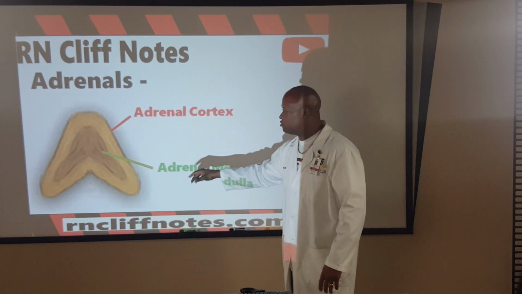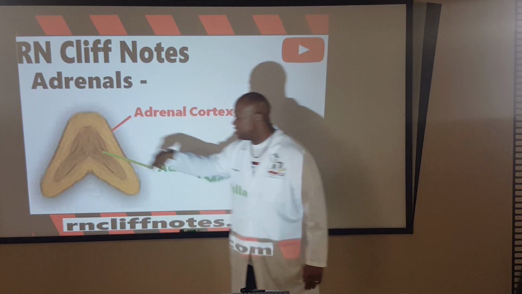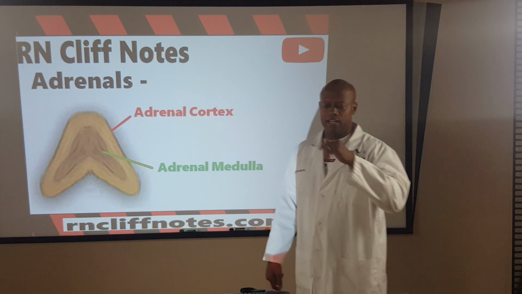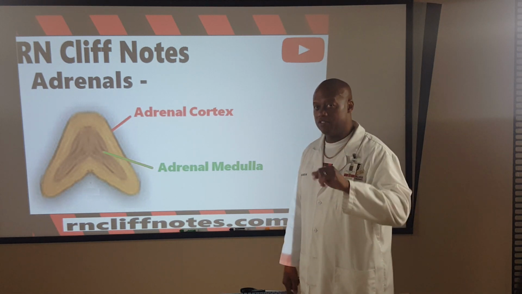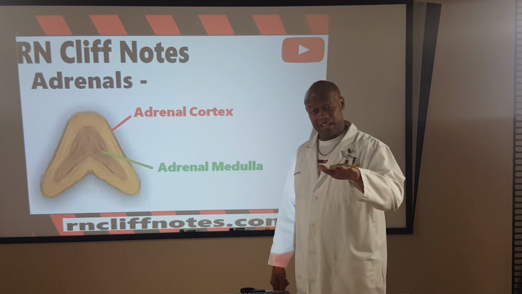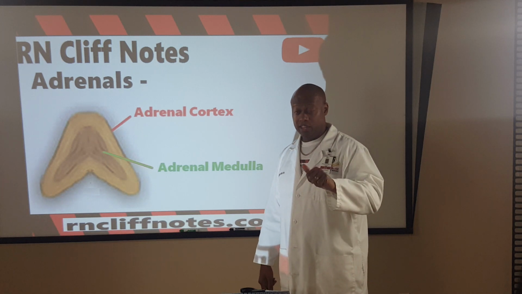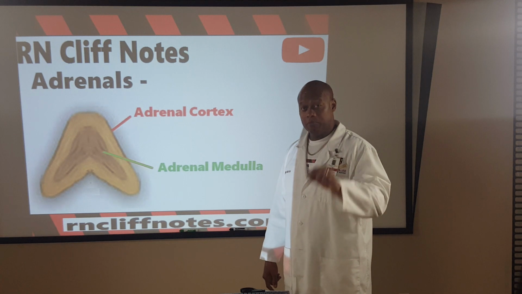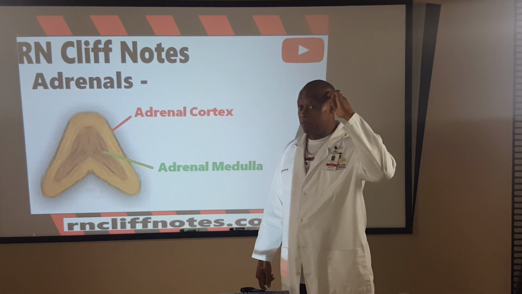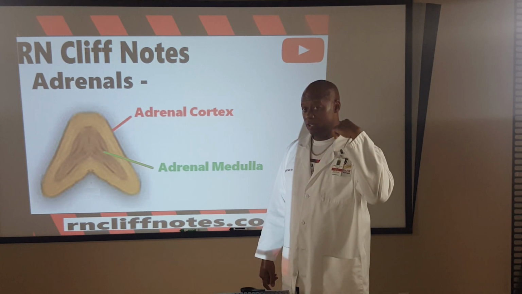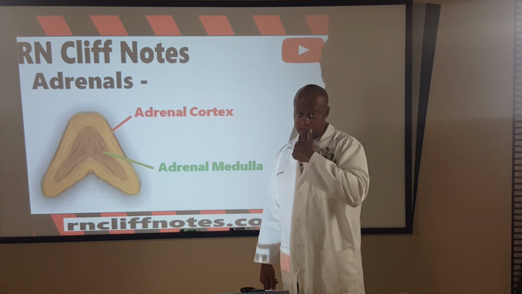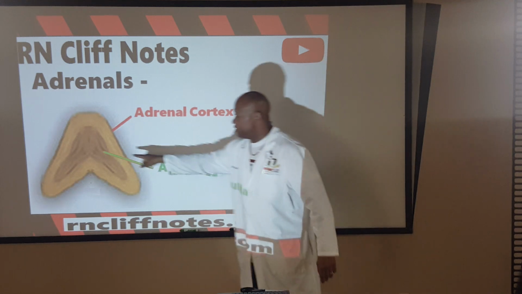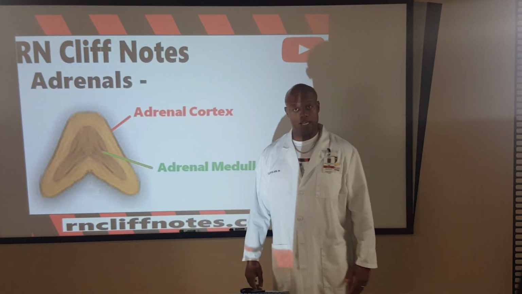So the adrenal medulla is where? In the middle. And we saw that concept before when we were in the neuro section, and we said that there was a part of that called the medulla oblongata. What? The medulla oblongata, the middle part between the cerebrum, right, and your spinal cord. The middle, the medulla oblongata. And in this case, what? Adrenal medulla in the middle of the adrenal gland.